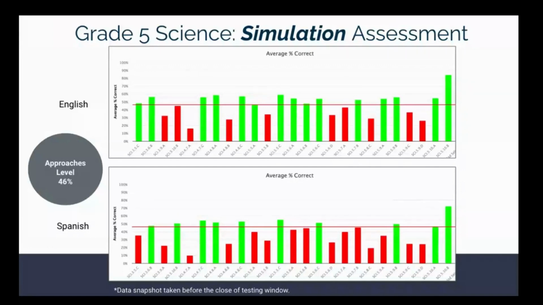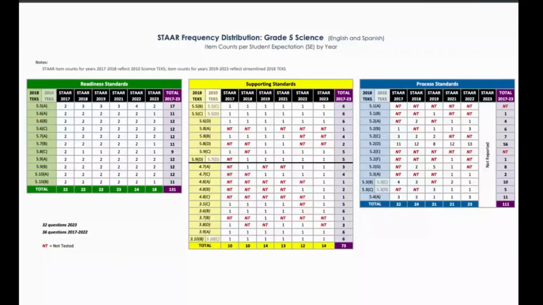Linked in your participant guide, I have provided you with the frequency distribution chart from Lead Forward. On your screen, you will see the STAR frequency distribution chart from Lead Forward. You can see the readiness standards, supporting standards, and process standards as they have been assessed throughout the year since 2017.